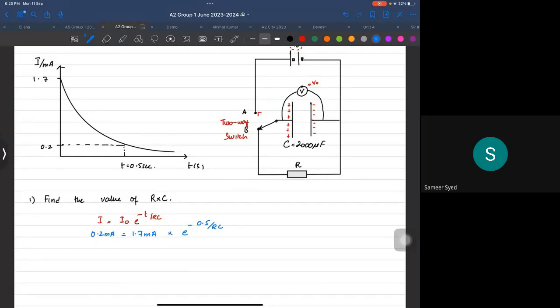Now, divide the two values here. So 0.2 divided by 1.7. Milliamp is going to cancel out, and this is going to remain like this. Now, those people who do not take math should understand that this function, e raised to the power of some value, is called the exponential function. Now, how do we get rid of this?